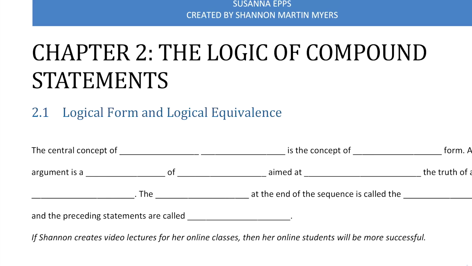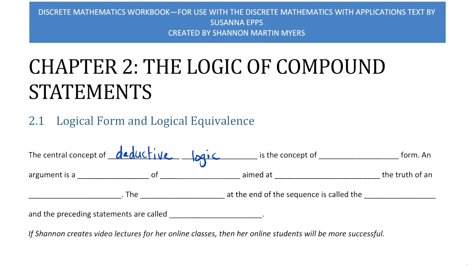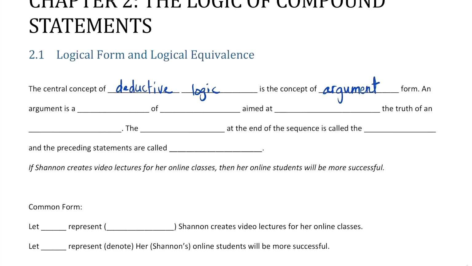All right, logical form and logical equivalence. The central concept of deductive logic is the concept of argument form. An argument is a sequence of statements aimed at demonstrating the truth of an assertion.